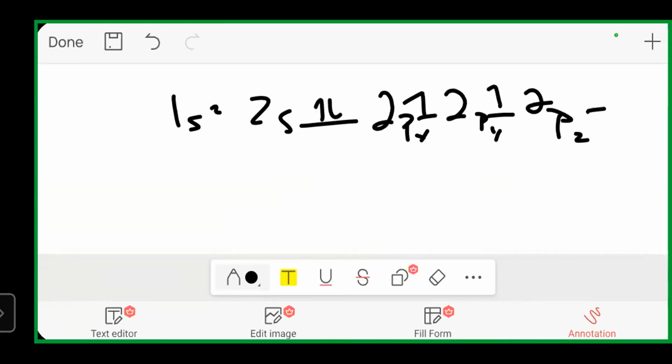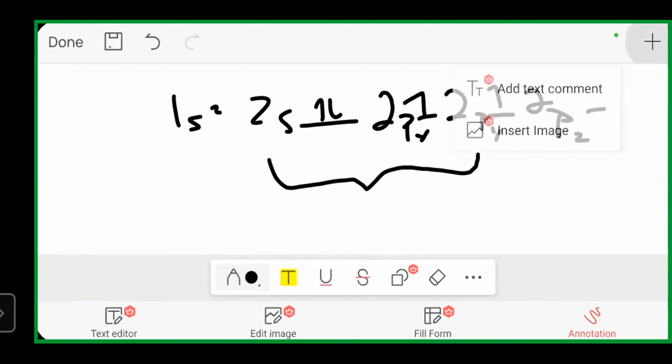So if I took the 2s, 2px, and 2py, that's 3 of the 4 orbitals in the second energy level. If I did that, how many hybrids should I get? Anybody? 3, right? If I take 3 atomic orbitals and add them together, I should get 3 hybrids.